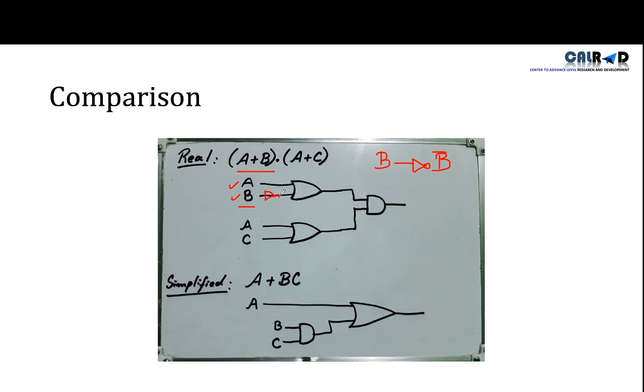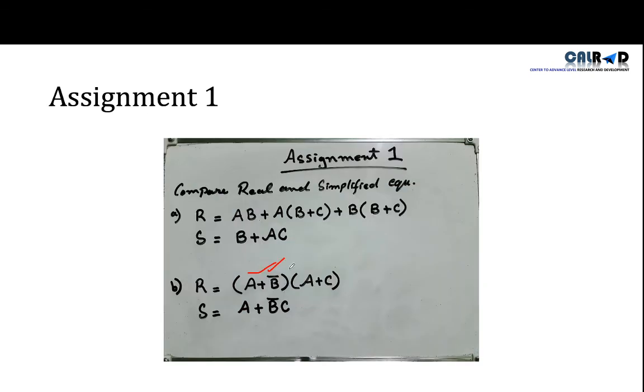What this NOT gate will do is, if you give the value 1 to b, then this NOT gate will convert it into 0. So in the second equation also, you will draw this NOT gate, and if you give 1, it will give 0. So you do not need to get confused by this b bar. You just need to add a small NOT gate.